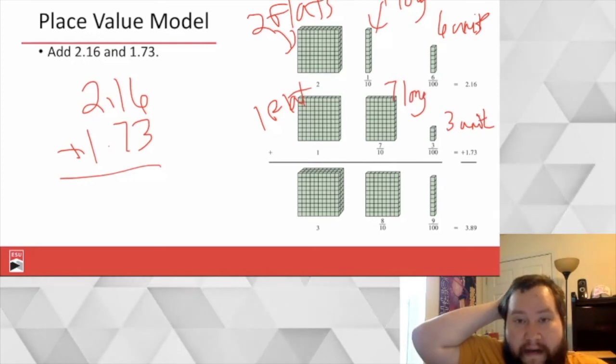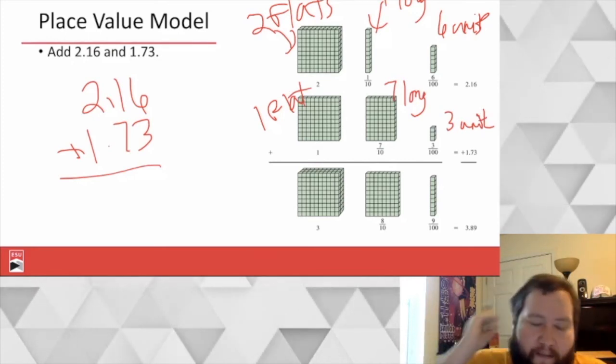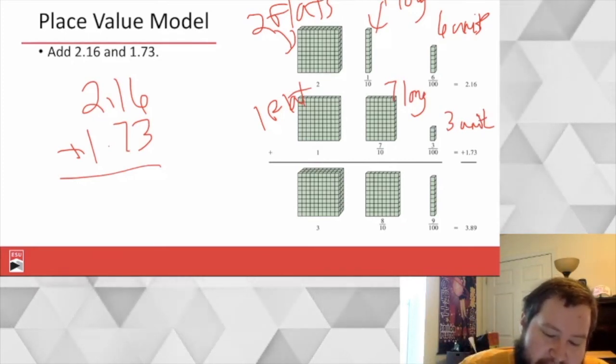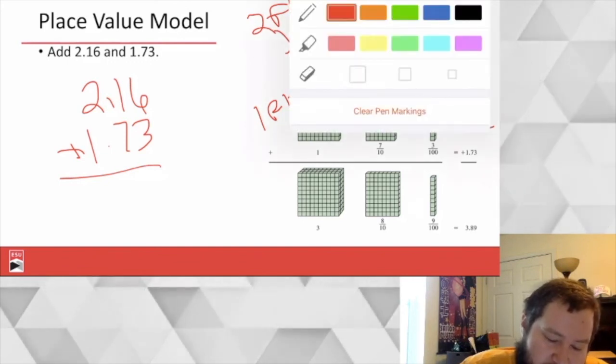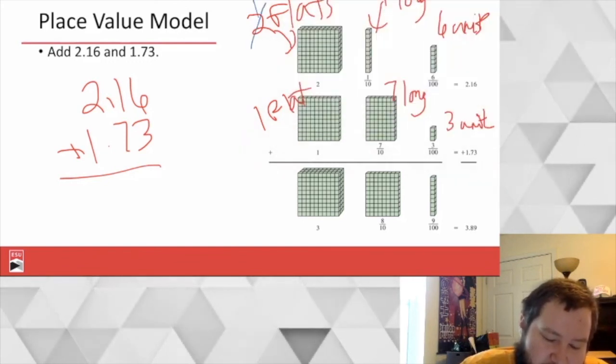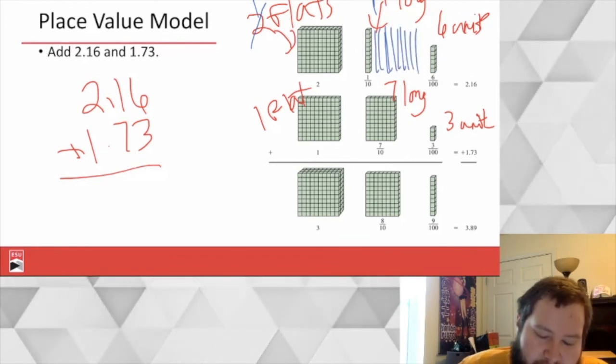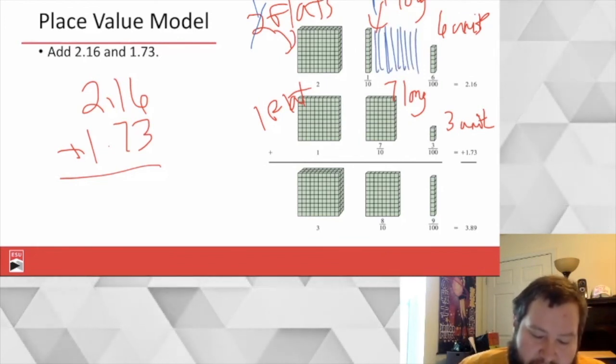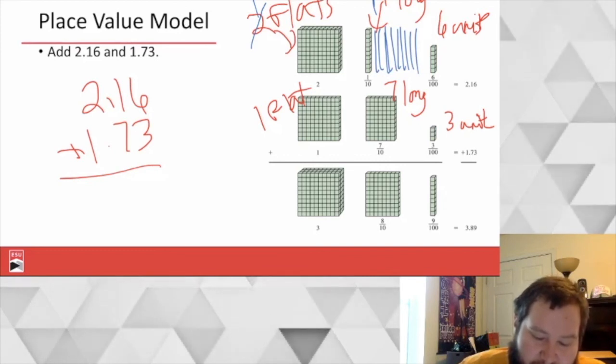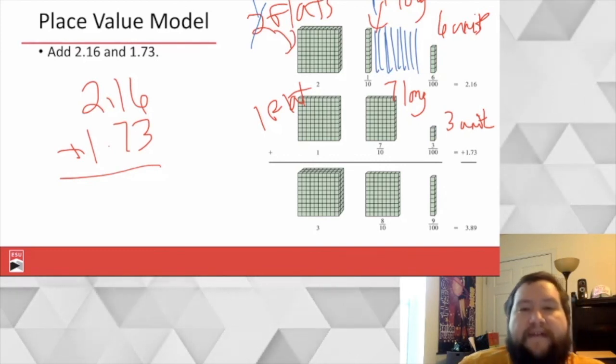And we can do any number of our regrouping strategies where we can split, say, one of these flats into 10 more longs. And then what we do is we say we have 6 units minus, we're adding. We're not even subtracting. Look at that.